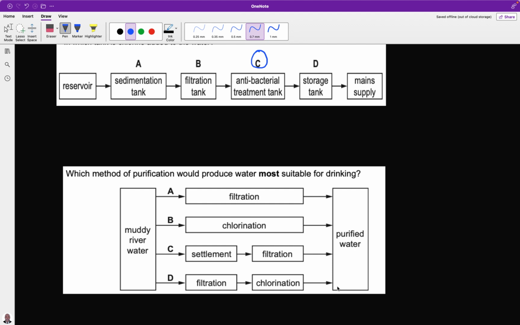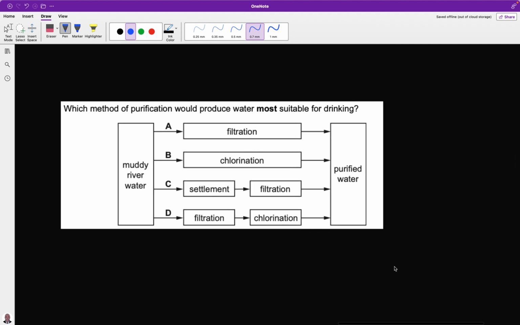So in that case, we will say D. Method D is the right one. Answer: Method D.